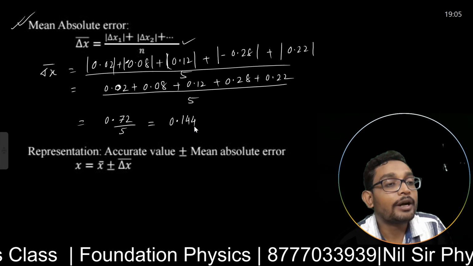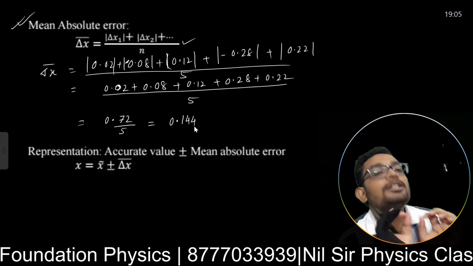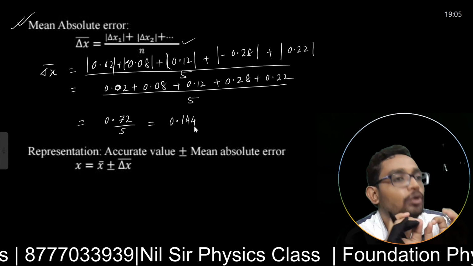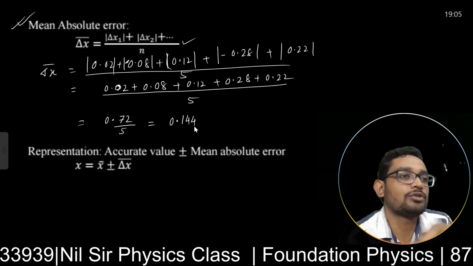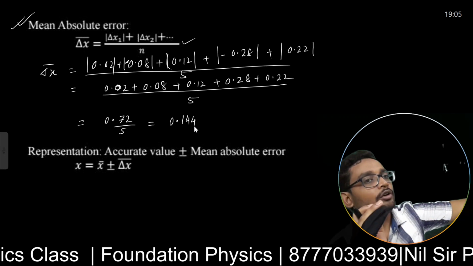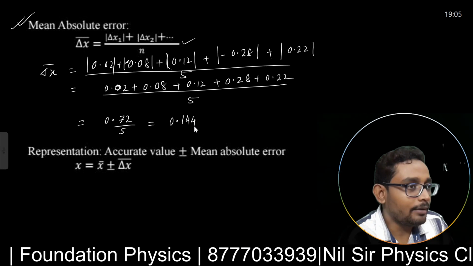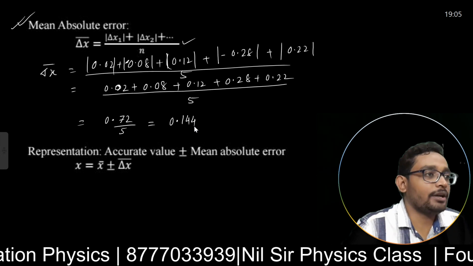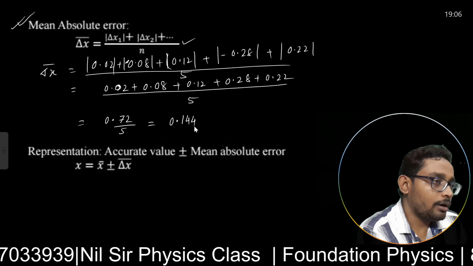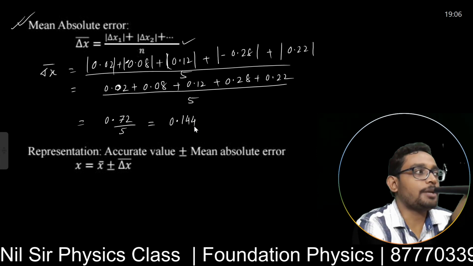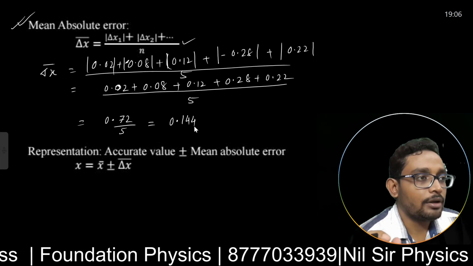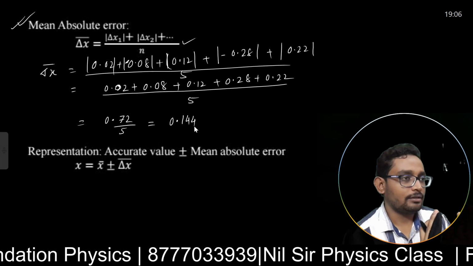This could be a positive error or a negative error. Sometimes this error will be positive, or sometimes negative. But if it is negative, then every time you have to add this negative error. Once you add it, you cannot take a positive error in the next measurement. So it is a fixed error.